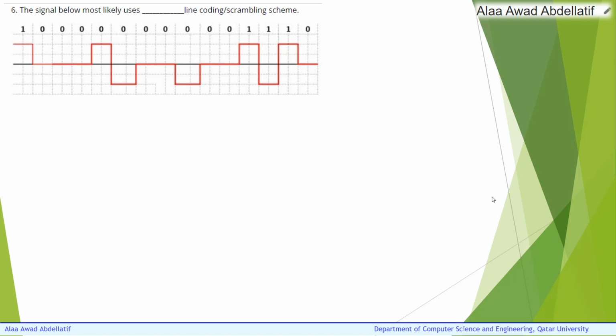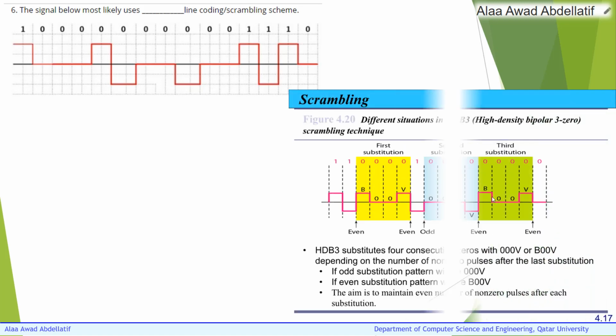So which one? If you check, you'll find that the first 4 zeros have a different code from the second 4 zeros. It means I'm using two codes, 000V and B00V.